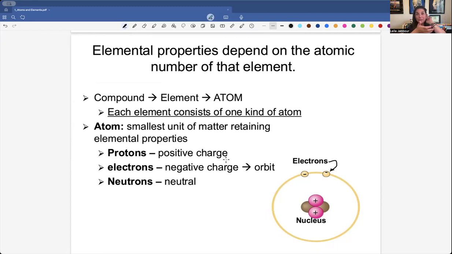A carbon element is not the same as oxygen, is not the same as nitrogen. And these properties are due to their subatomic particles. The little particles that make up the element are different between oxygen, carbon, nitrogen. So now let's look at what these subatomic particles are.